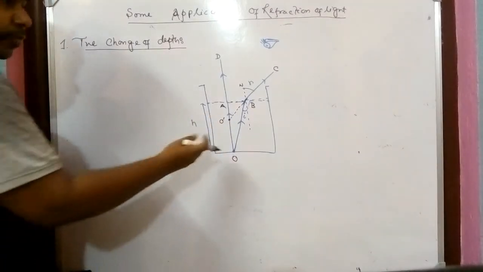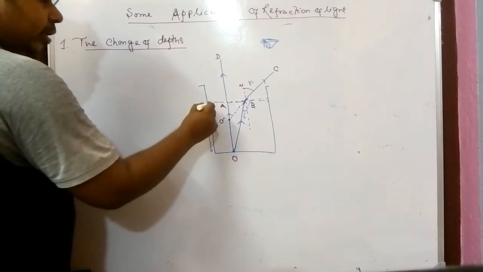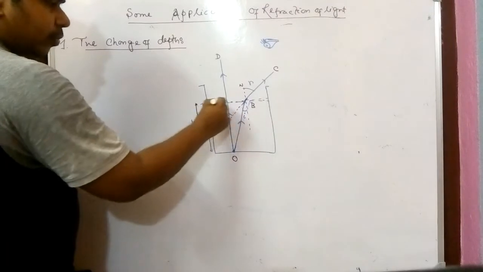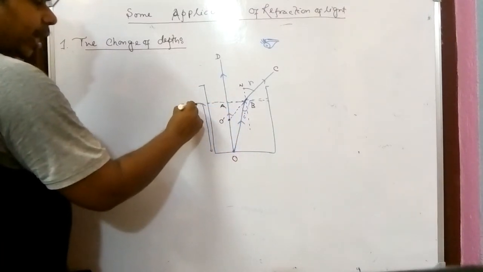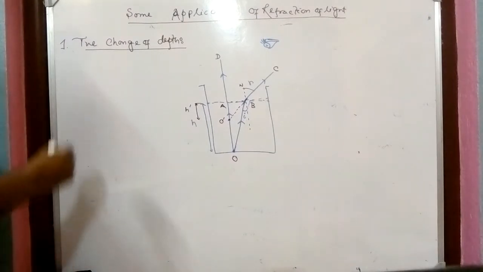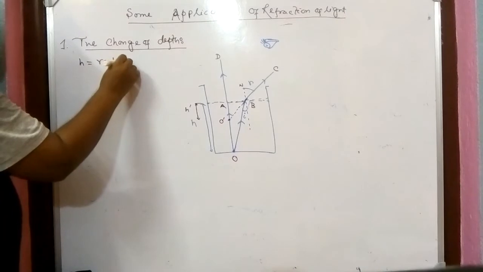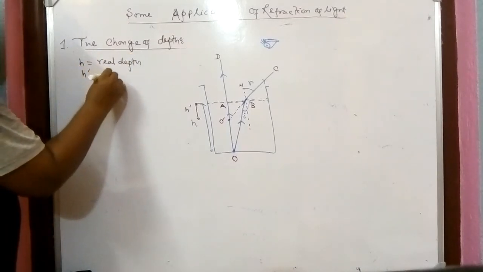So the human being will feel that the point O is not exactly here, it is at O dash, and the depth of the water seems to be not H. We start here and end here, so from the surface it will end here. So it will be H dash. We can say H is the real depth, and H dash is the apparent depth.